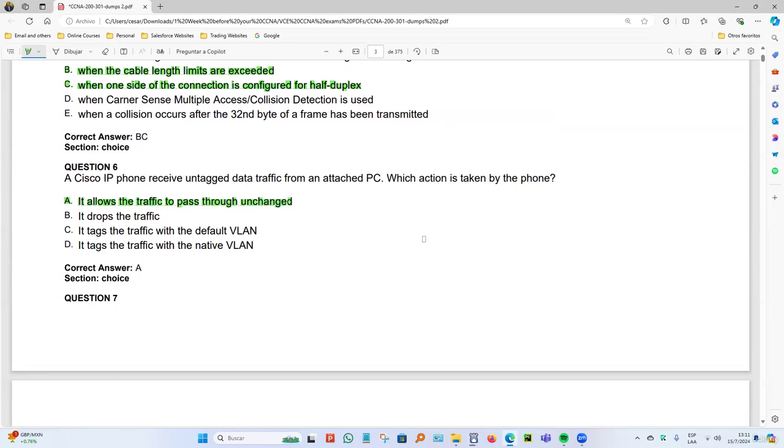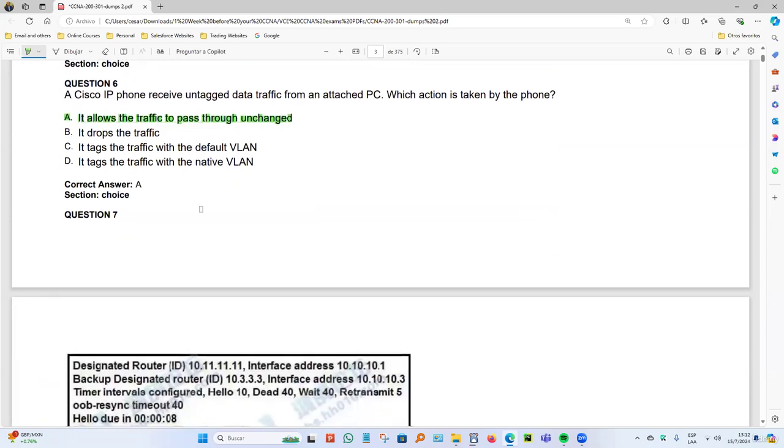When we are working with the Cisco IP phone and it receives untagged data traffic from an attached PC, this is the function it will do. It will allow the traffic to pass through unchanged. Let's continue with the next one.